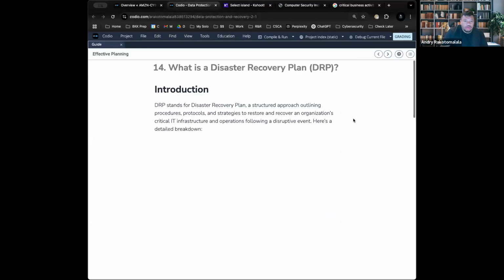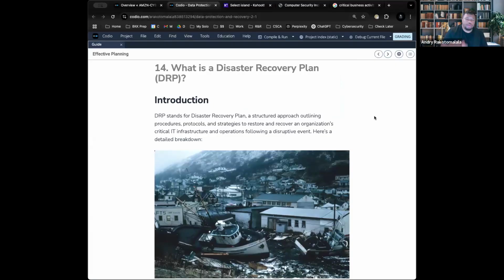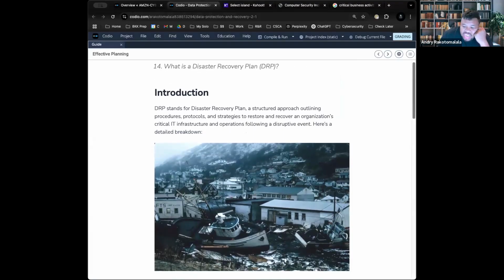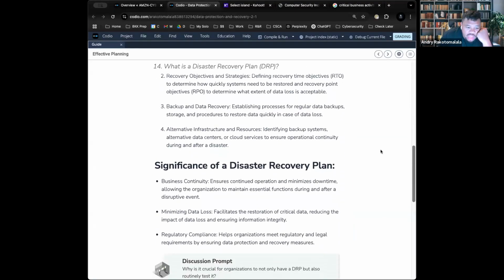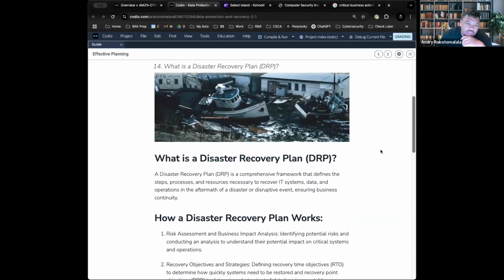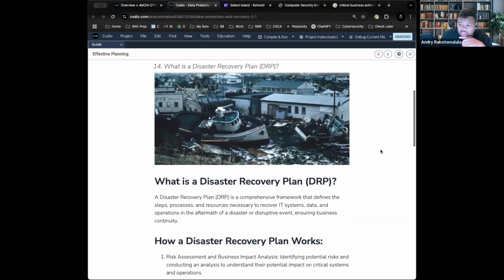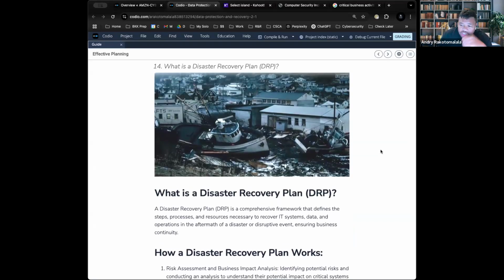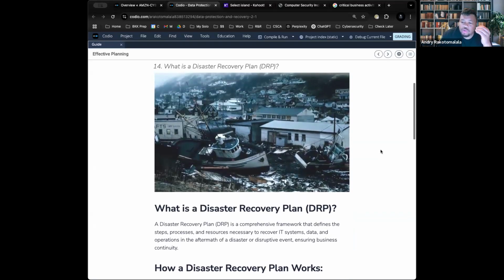All right. Now, we mentioned this before. What is a DRP? A DRP stands for Disaster Recovery Plan. So, a disaster recovery plan, in very simple terms, is just a documented and structured approach to how you respond to and recover from an IT disruption.